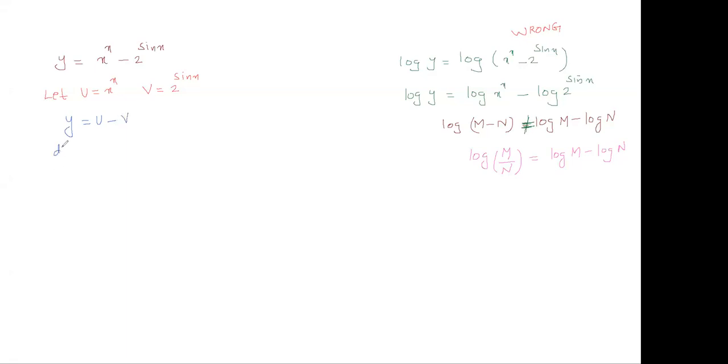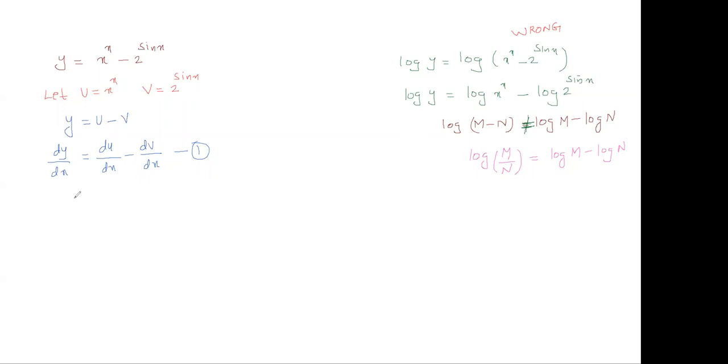So now you have to find the derivative. dy by dx is equal to du by dx minus dv by dx, since u and v are functions of x. Now we have to find du by dx and dv by dx separately, and substitute back here.